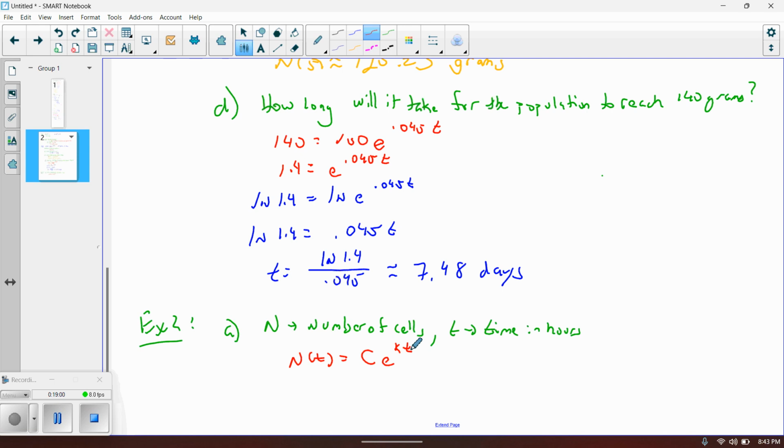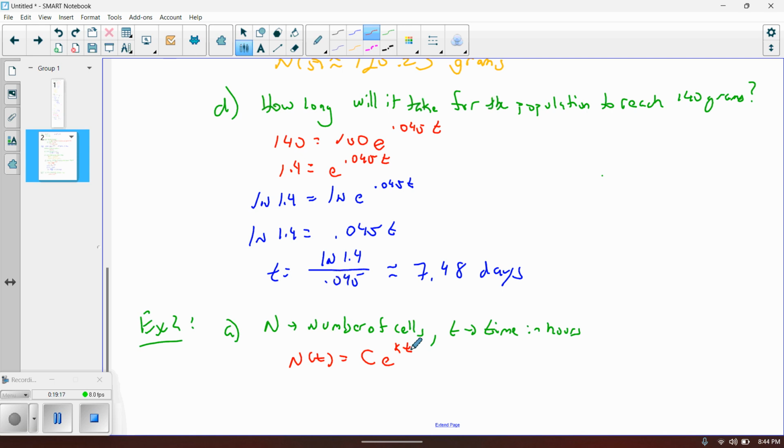In order to solve one of these problems, in order to actually do some work with one of these problems, you are basically going to always need to have the c value and the k value. You need some initial amount, and you need the growth rate in order to do this.